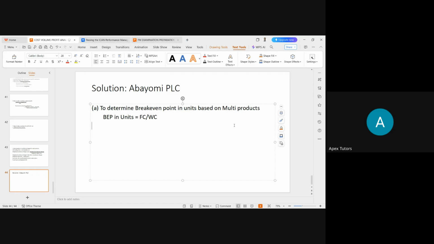Now, the question is, from your question, what is your total fixed cost? From the question, let's determine that fixed cost. Check your question. What is your total fixed cost?